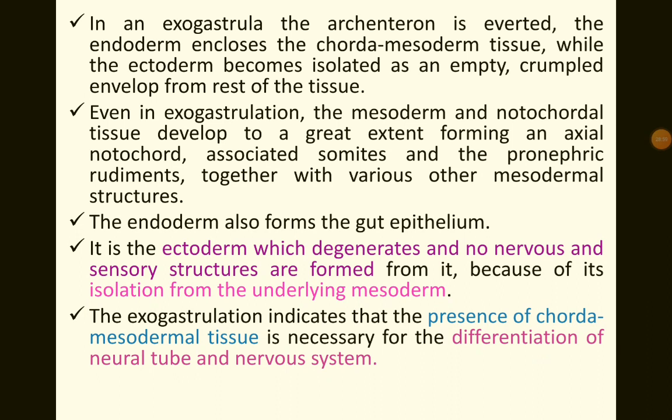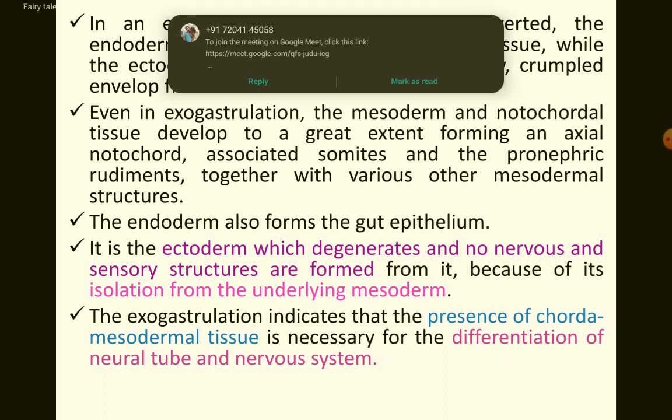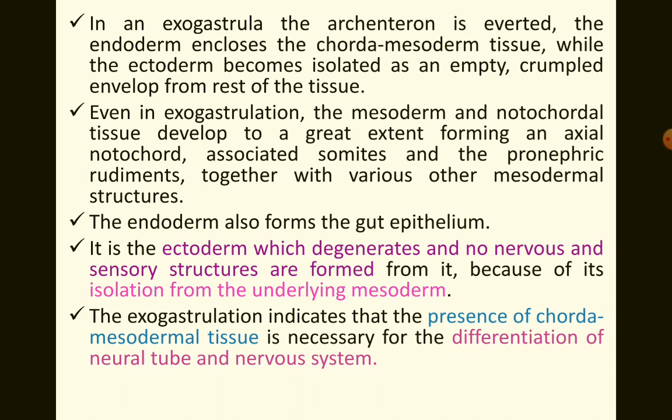So in exogastrulation, the mesoderm and the notochordal tissue develop to a great extent, forming an axial notochord. It forms associated somites and the pronephric rudiments together with various other mesodermal structures, whereas the ectoderm as such will degenerate and no nervous and sensory structures are formed because of its isolation from the underlying mesoderm.